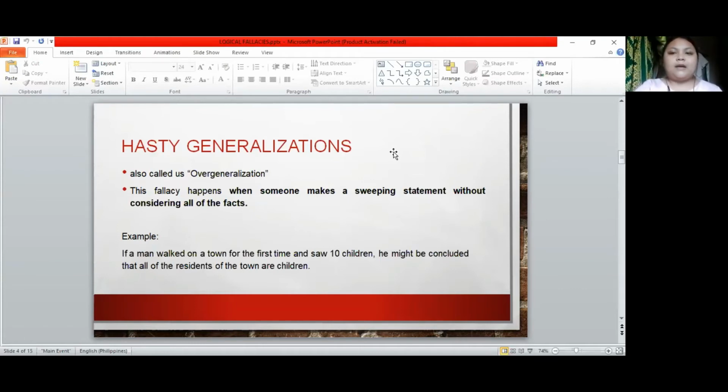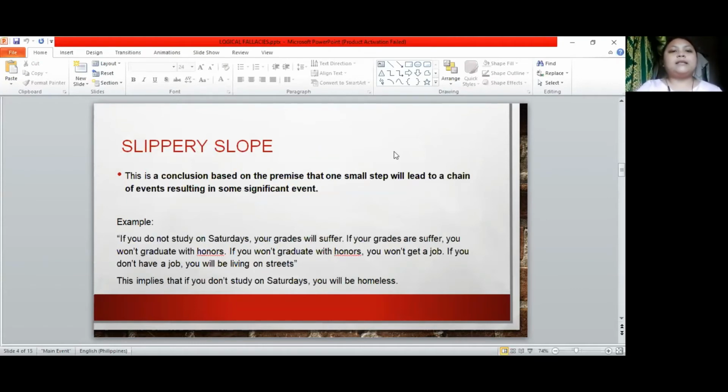So next fallacy is the slippery slope. This is a conclusion based on the premise that one small step will lead to a chain of events resulting in some significant event. Right. So in other words, if we allow event A to happen, then an unwanted event Z will happen, which means event A should not happen. For example, if you do not study on Saturdays, your grades will suffer.